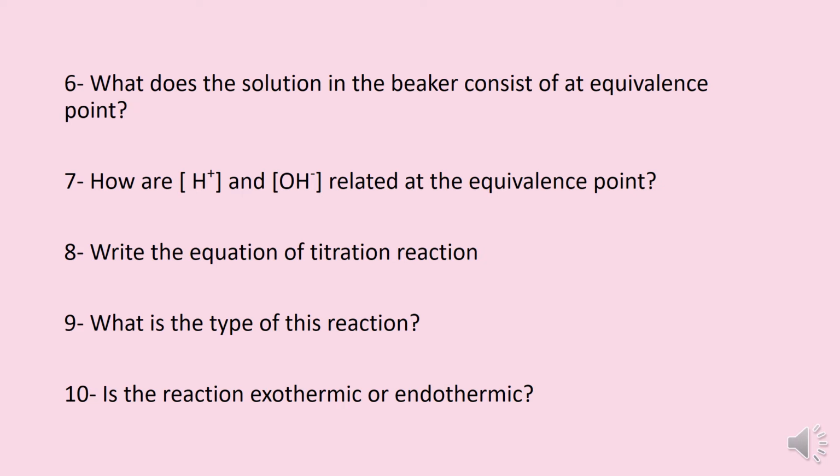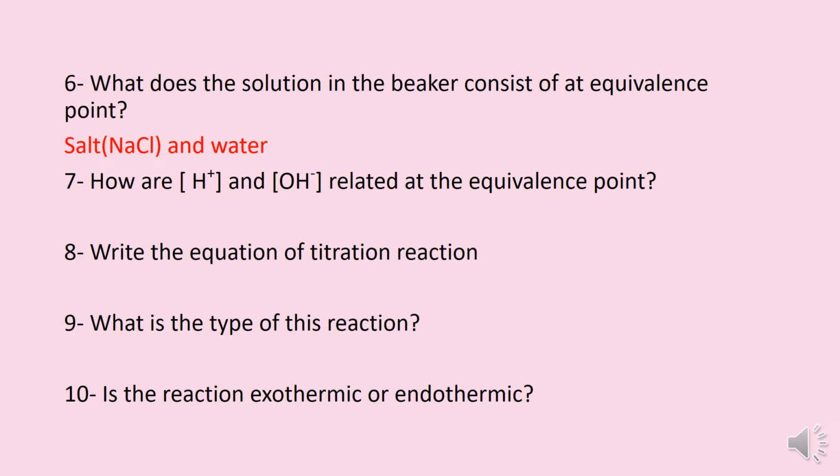Now, what does the solution in the beaker consist of at the equivalence point? Think about it. What do we have in the flask, or in the beaker, at the equivalence point? It is salt, NaCl, and water, also with indicator.